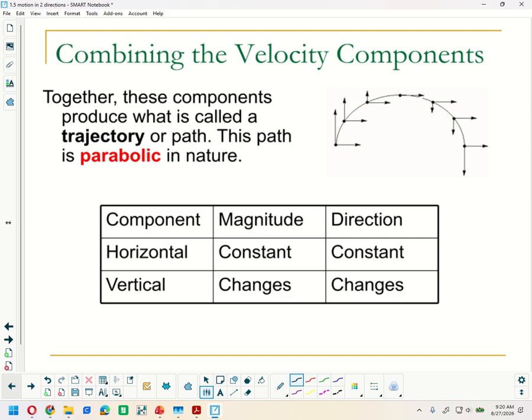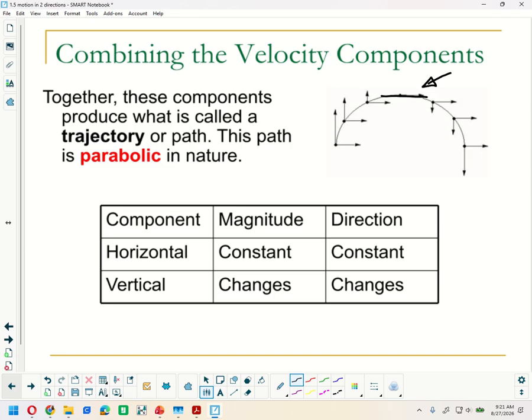So if it's that in nature, what's going to happen right there? That's my vertex. And what do I know about this particular vertex, if it's an upside down parabola?